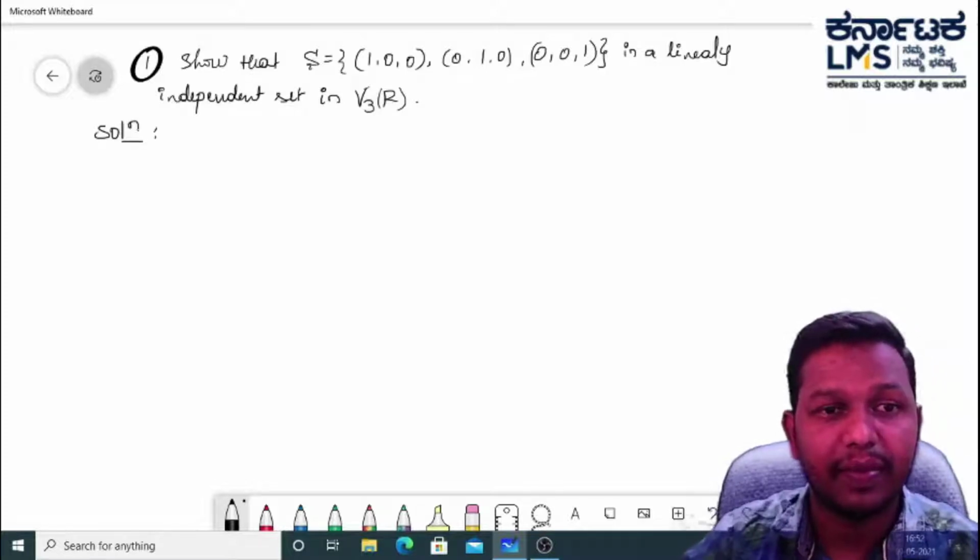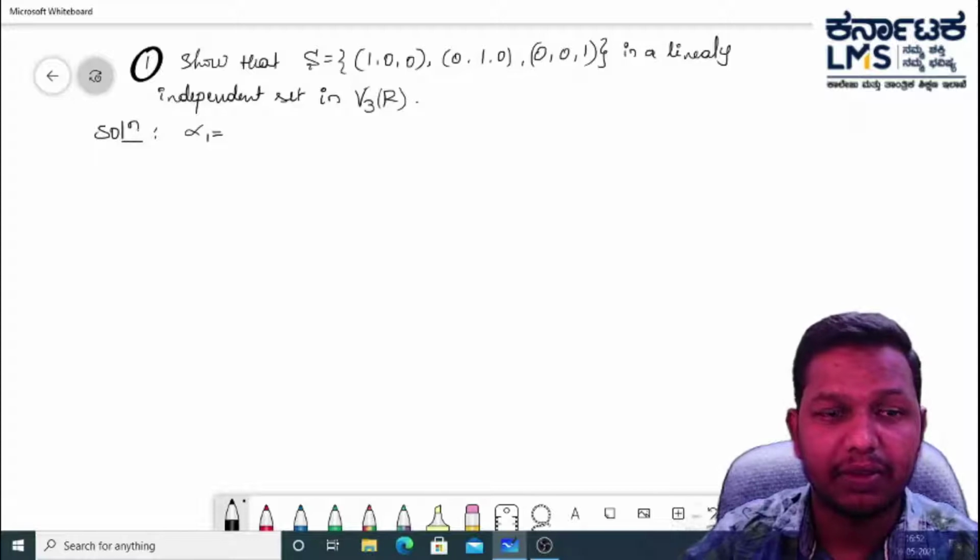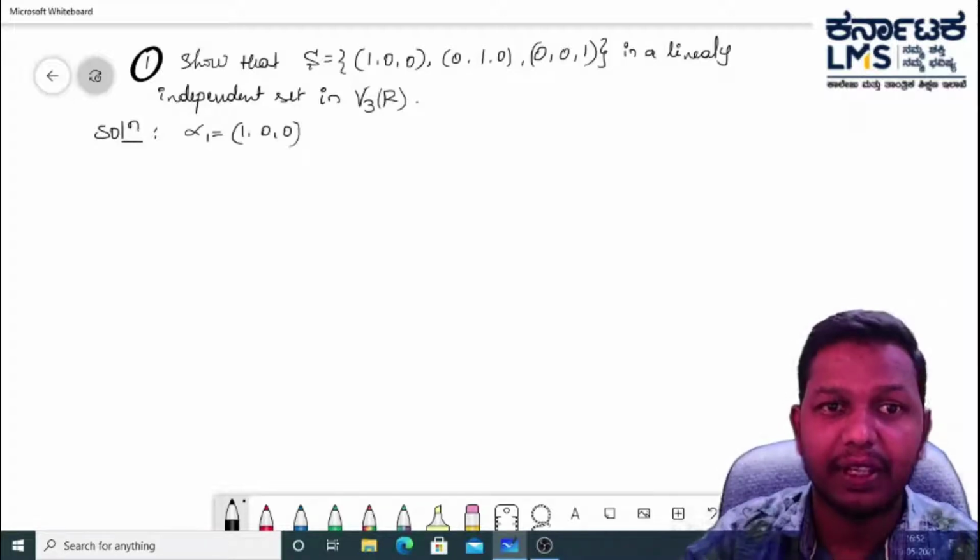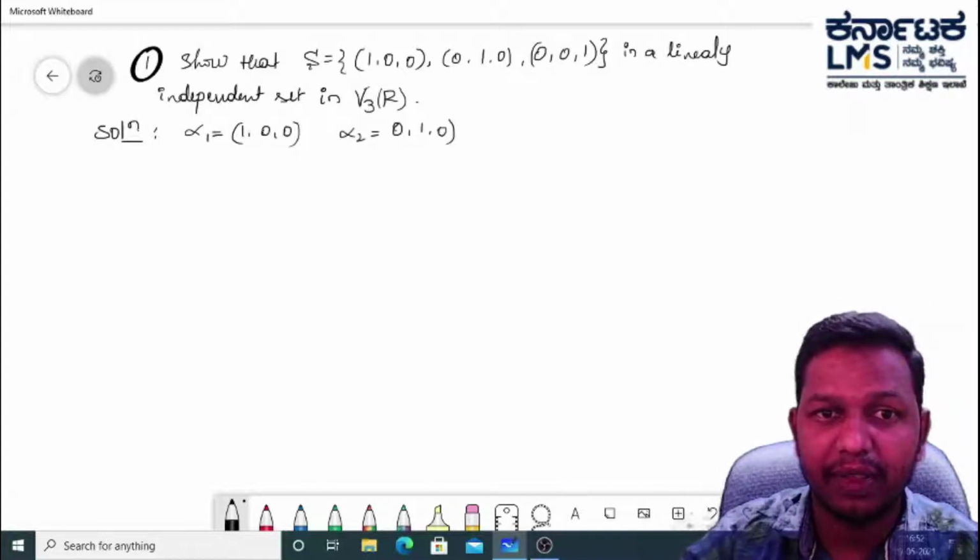That is, I take the first vector alpha 1 as 1 comma 0 comma 0 and the second vector alpha 2 as 0 comma 1 comma 0 and alpha 3 as 0 comma 0 comma 1.